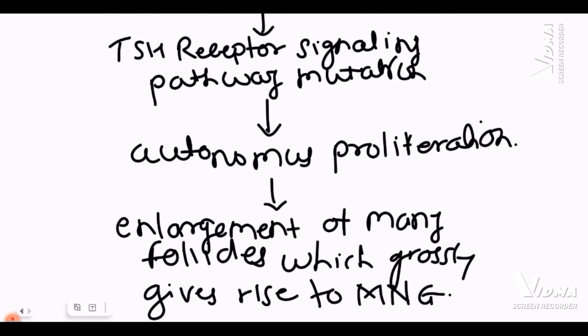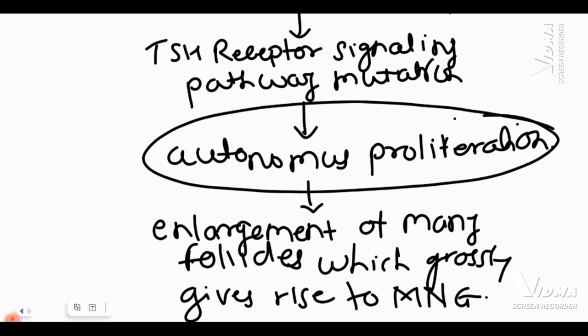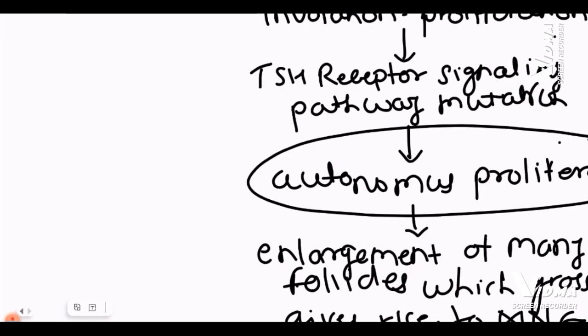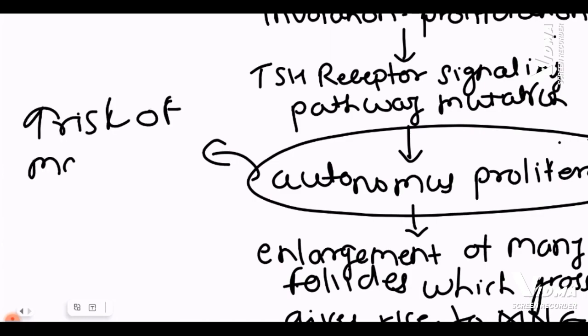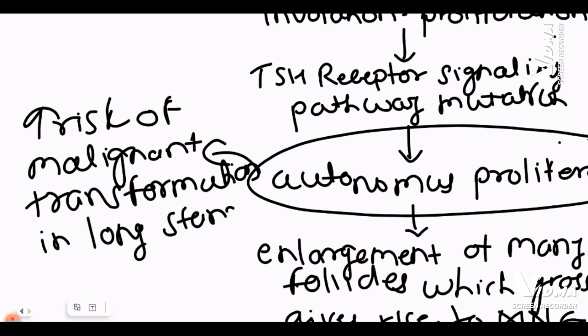So in the whole process this is the central part, and this mutation and autonomous proliferation also contribute to an increased risk of malignant transformation in long standing goiter.